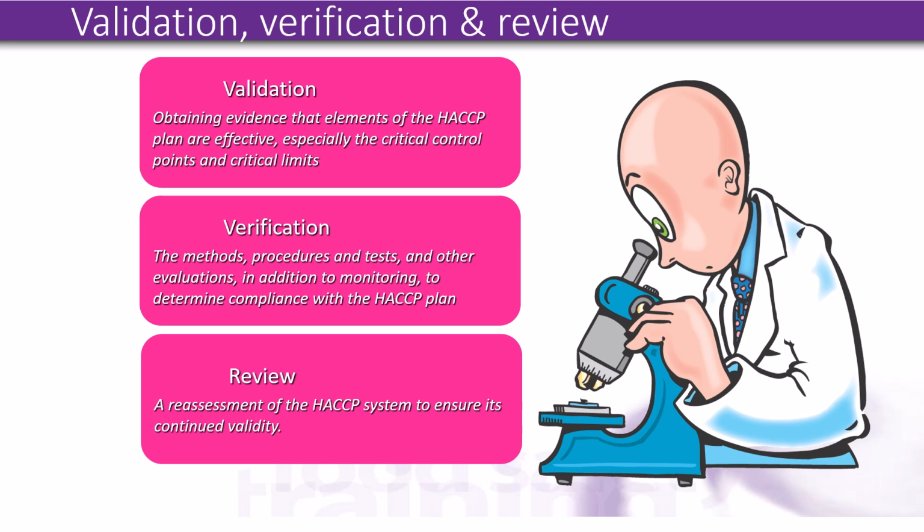It's almost like a review if you like. You're verifying the HACCP system on a regular basis, usually annually, unless things change in the interim, whether you've got different procedures you're adopting, different products you're using, different processes. But verification is usually done annually.